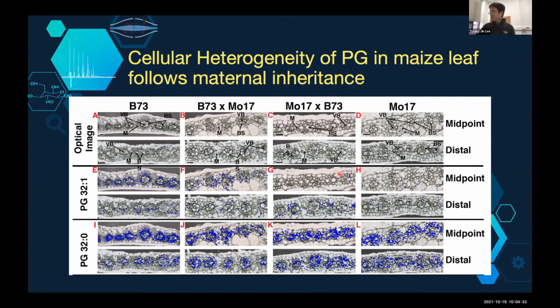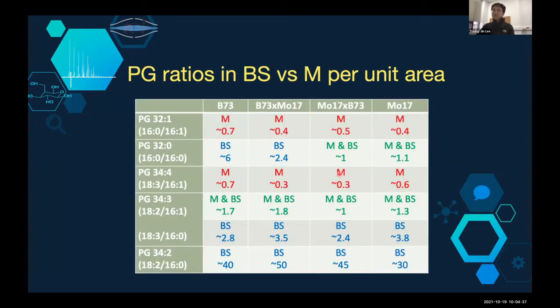I know it's difficult to see the images, so we have more quantitative information. This is the PG ratio in bundle sheath versus mesophyll per unit pixel area.